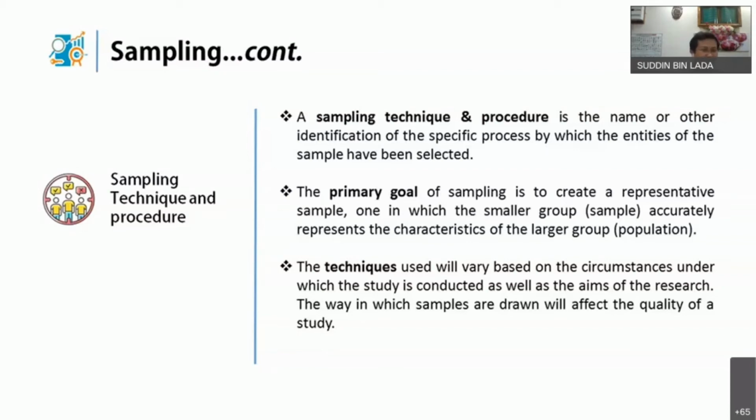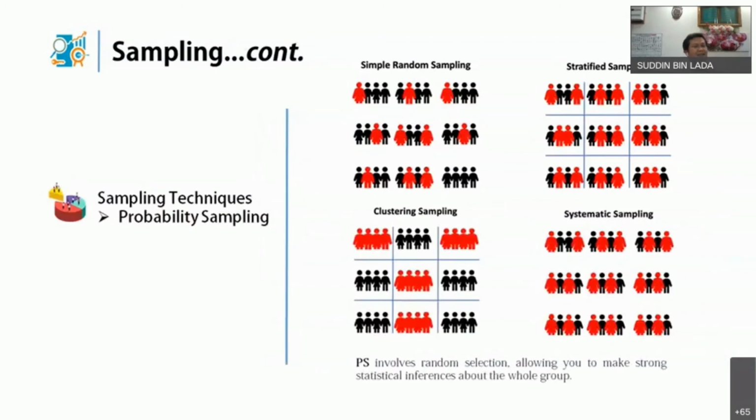So we move to number 1, sampling technique on probability sampling. Ada 4 options. Number 1 is simple random sampling. Number 2 is stratified sampling, cluster sampling, and systematic sampling.